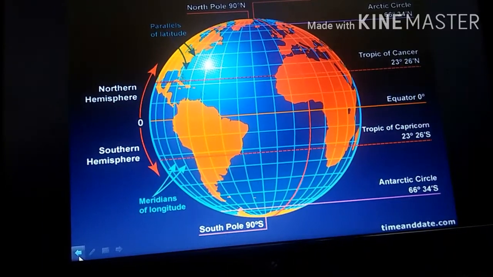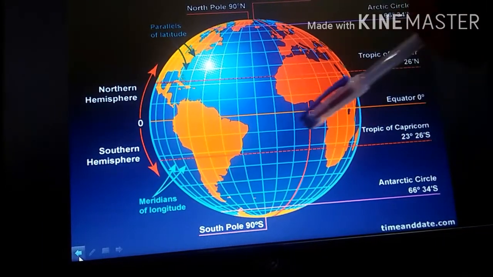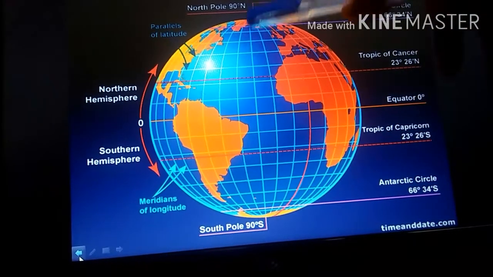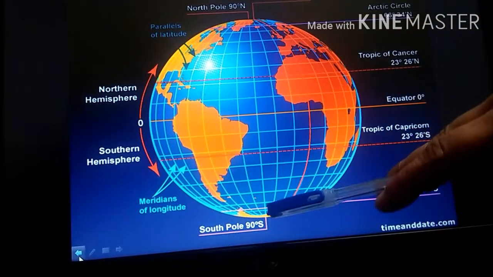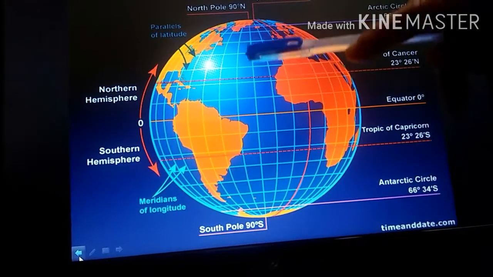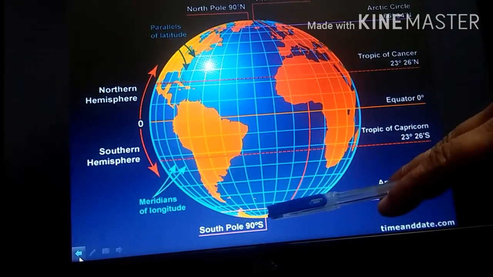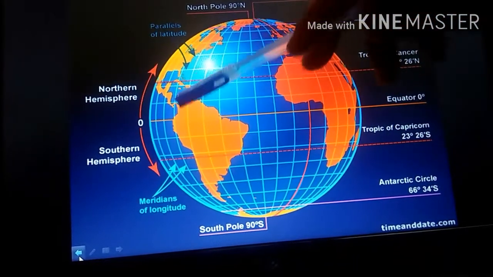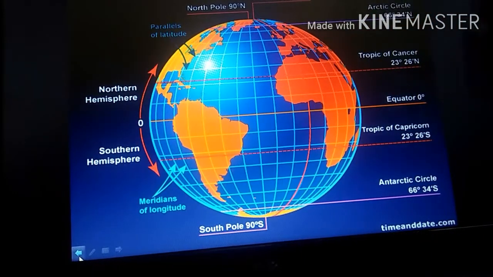Now you can see these are the imaginary lines which are formed on the globe. Some lines are long, that is vertical, and they are known as longitudes, and some lines are horizontal, and they are known as latitudes.